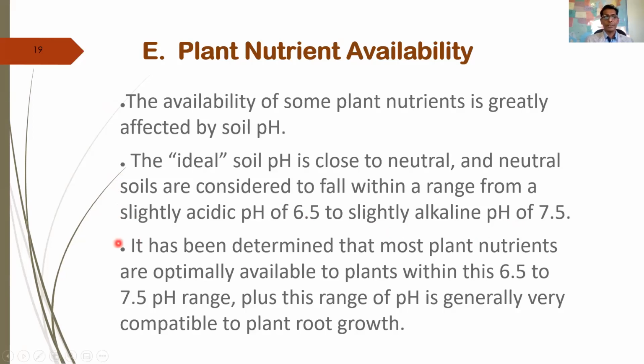It has been determined that most plant nutrients are optimally available to plants within the 6.5 to 7.5 pH range. Plus, this pH range is generally very compatible with plant root growth.